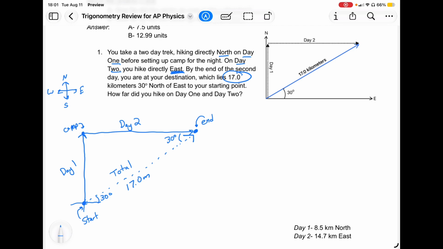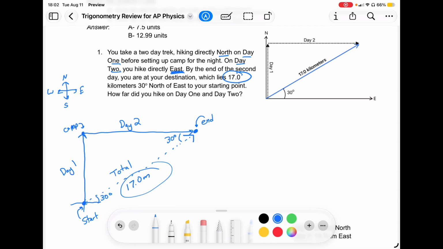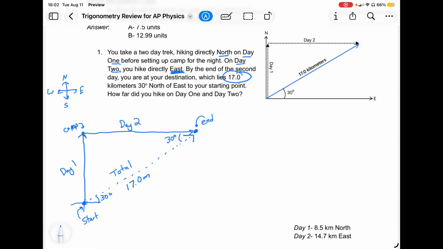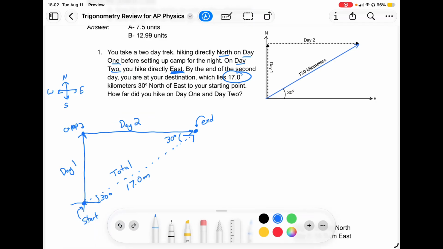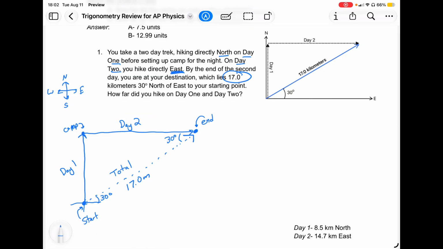All right. So what we're trying to do with this problem is we know our total displacement, the total distance we went, was 17 meters, and we know the angle of our endpoint away from our start point. But what we don't know is how far we went during day one and how far we went during day two. So let's find that out just like we did with the example problem.